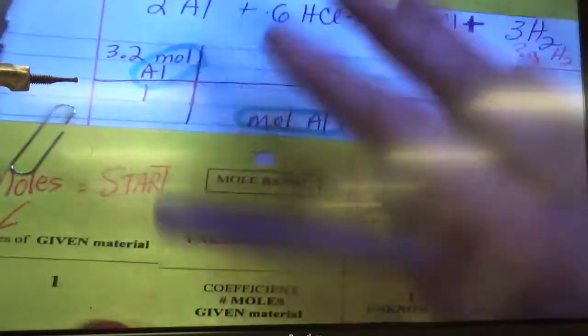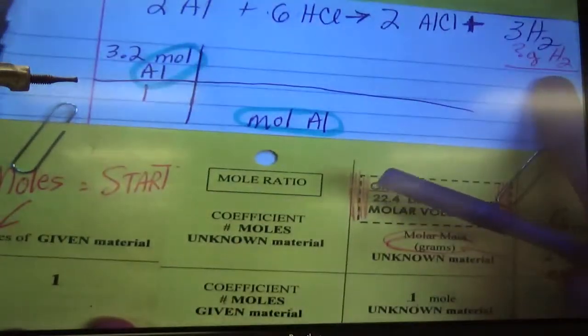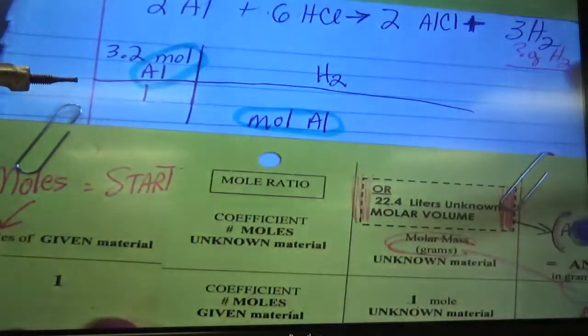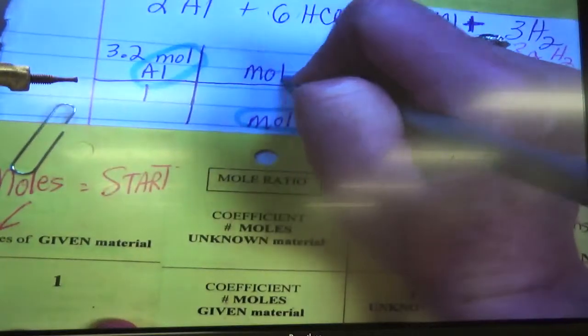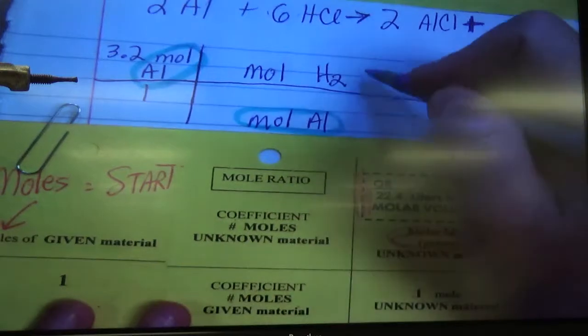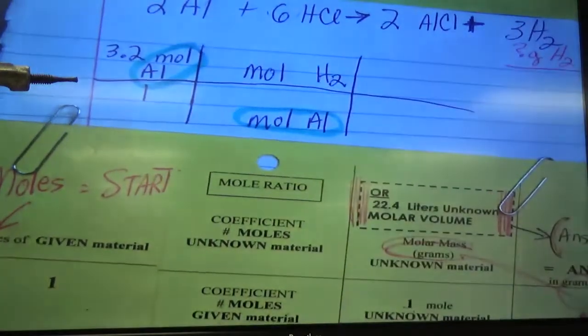Now remember, the unknown is what we're looking for. So H2 goes on top. Oh, and the foldable said we want moles of it because we're doing the mole ratio. Questions? So you see how to get the numbers and you see how to read the foldable to know what to write. Okay, draw a line because now I know how much room I want.